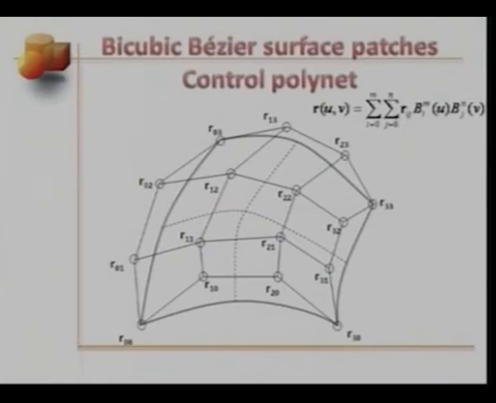And whatever we have learned from our previous discussion on Bezier segments, let's try to use them to understand how we can predict the shape of a Bezier surface patch via the shape of the corresponding control polynet.